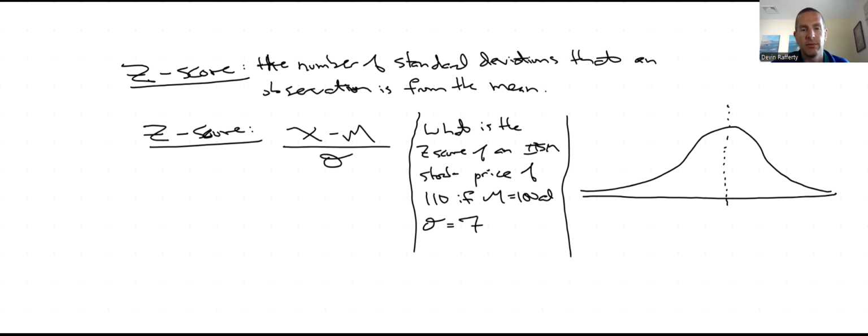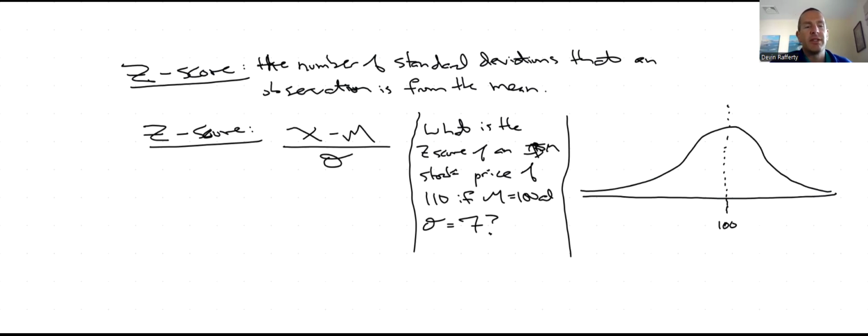Okay. So in other words, what's the z-score of an IBM stock price of $110 if mu is $100 and sigma is 7? So in other words, we have 100 in the middle for now.